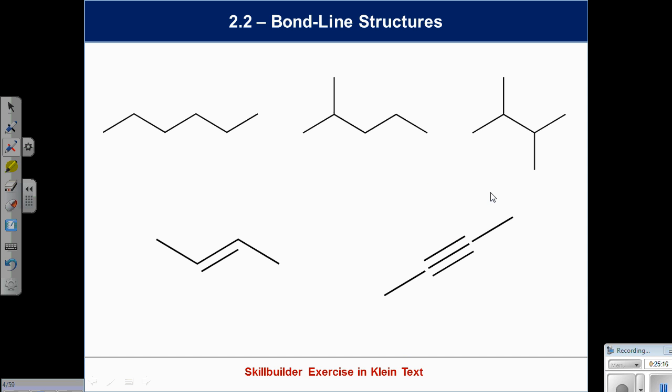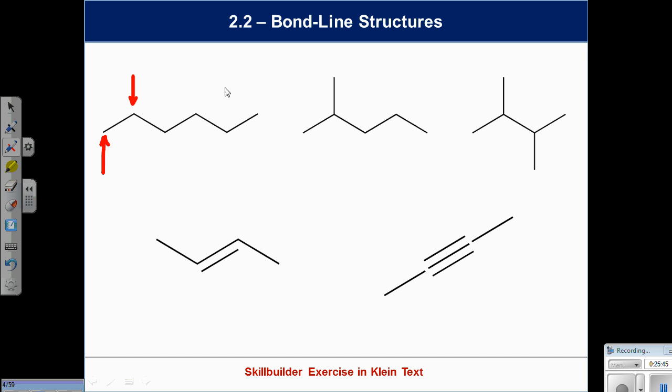So we reduce things down quite dramatically, quite quickly, from big, elaborate systems that have all the atoms expressed into what we call bond line structures. And this is now going to be the way we draw the molecules for the most part. We can see here fairly simple systems compared to where we just started, but this is why we have to start here. What's at the end here? What type of group? CH3, CH2, CH. CH3. What is in the middle here?